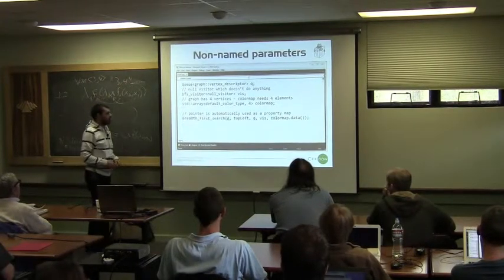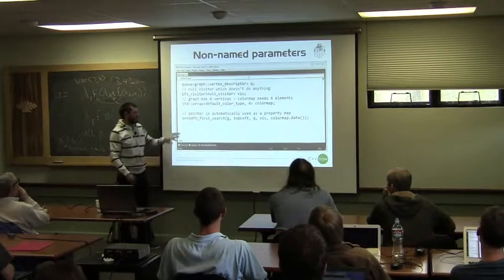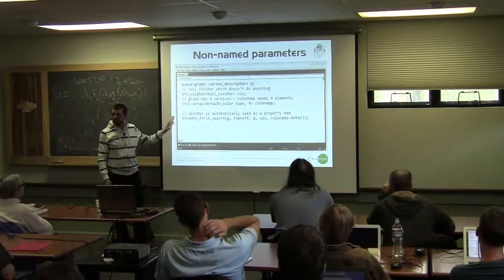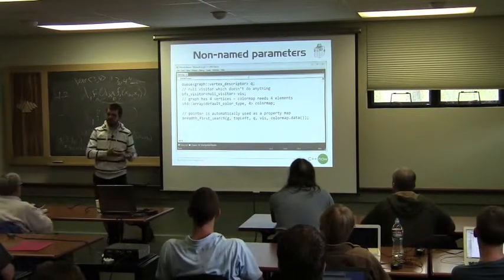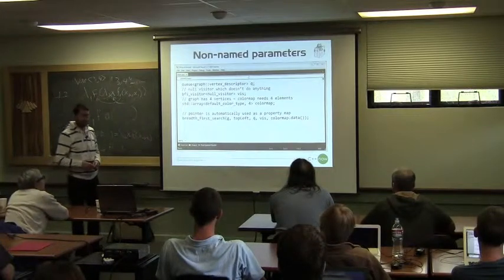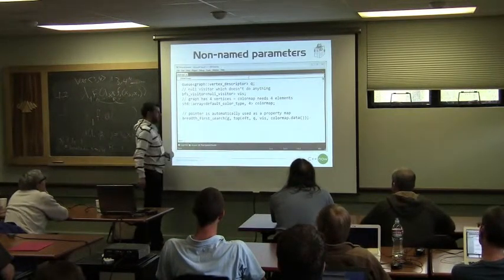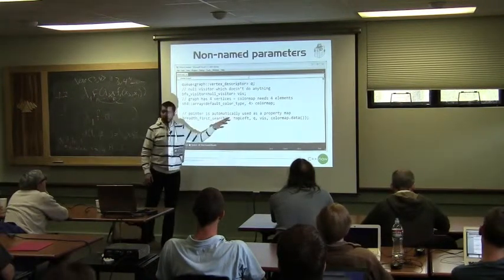Very first example. I'm using my breadth first search algorithm, and I'm using the version with the non-named parameters, which means I need to pass as many values as this algorithm expects. If you look up the documentation, you will find this algorithm, and it says you need to pass 5 parameters to it.